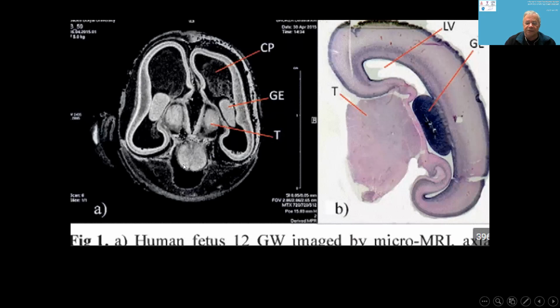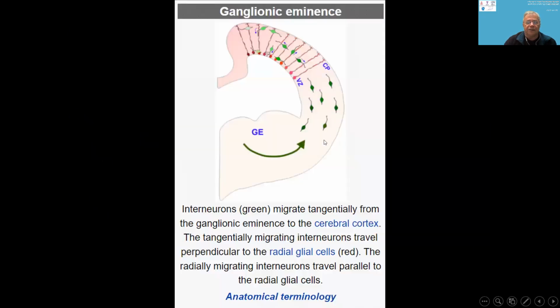Here is a micro MRI of a fetus at week 12 abortion, adjacent to the thalami, the ganglionic eminence. Usually the cells from the ganglionic eminence travel perpendicular to the radial glial cells and create the real cortex.